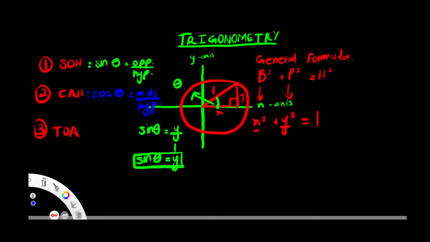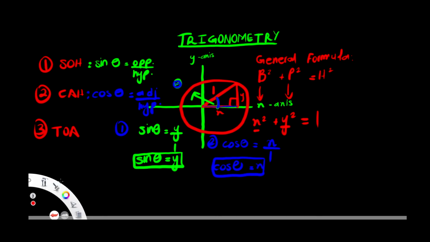So in this case, if this is some angle theta, this red side is going to be the adjacent side to the angle, and of course the hypotenuse will be the longest side, or the radius. So cos theta equals x over 1 because of the hypotenuse. So once again, cos theta equals x.